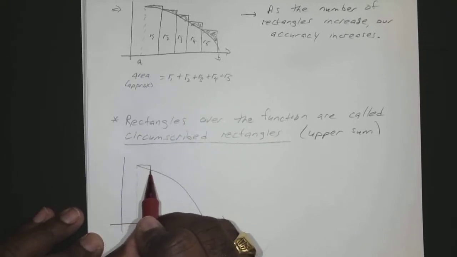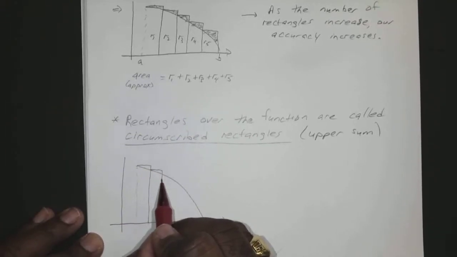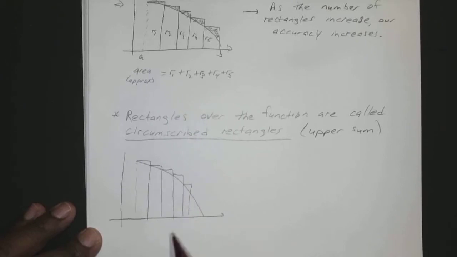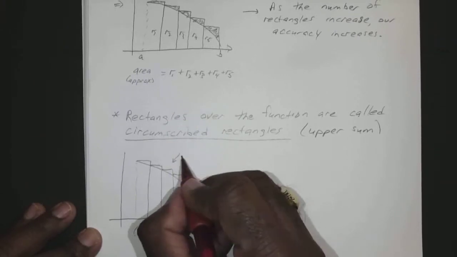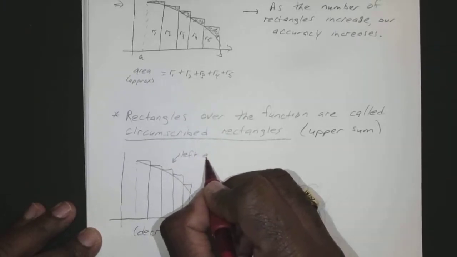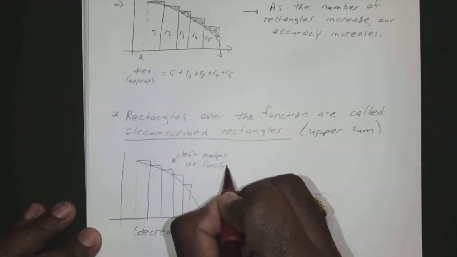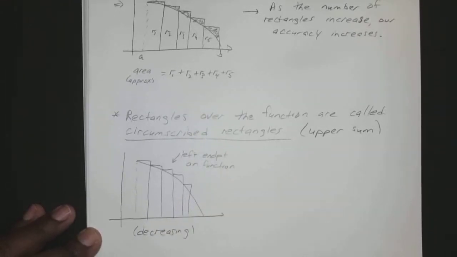Okay, so if you go from there, there, there, there, so if it's decreasing, left endpoint on the function. Okay.